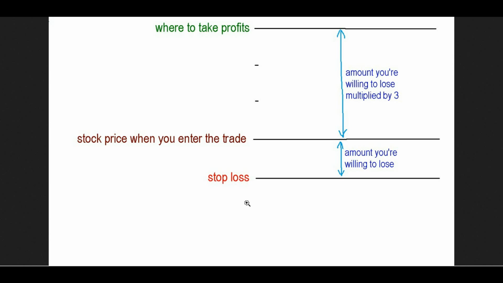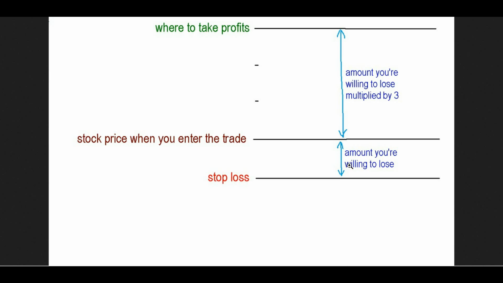Now, that's if you're taking a long position, if you're buying a stock. What if you're shorting a stock? Then you reverse these. You put your stop loss above the stock price when you enter the trade, and that depends on how much you're willing to lose. And then you take profits 3 times that amount below, when the stock price goes 3 times that amount below.